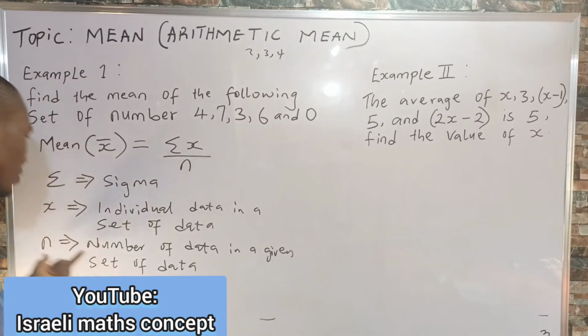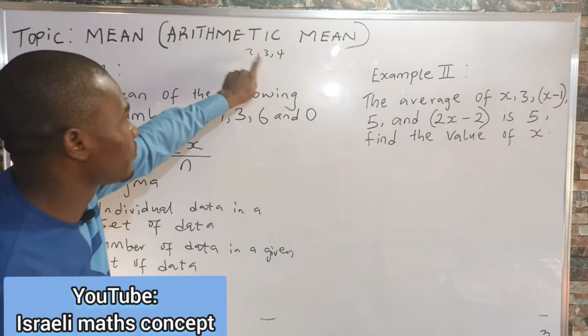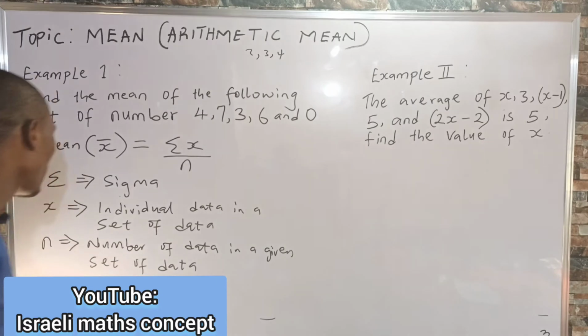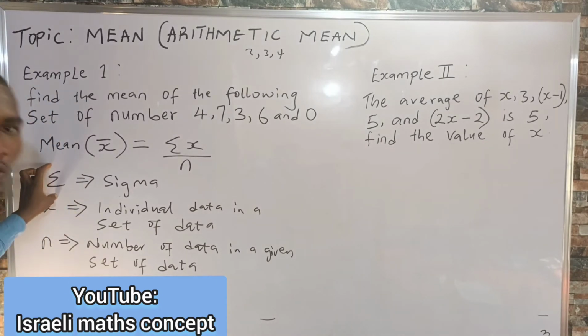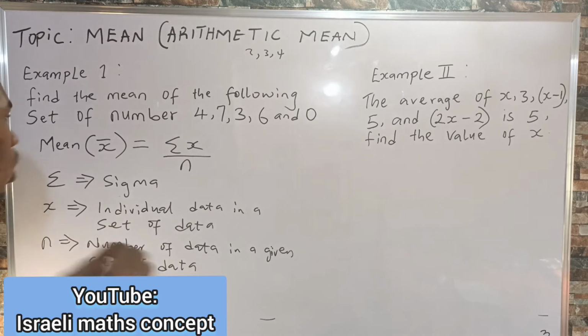So that is basically the meaning of n. But the x is just the individual data itself, while the sigma, which I told you prior is a Greek letter that we use in statistics, represents the summation of a given data or value.